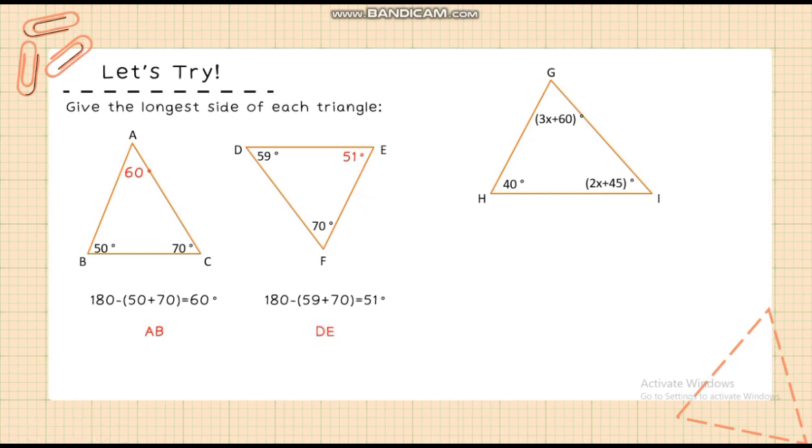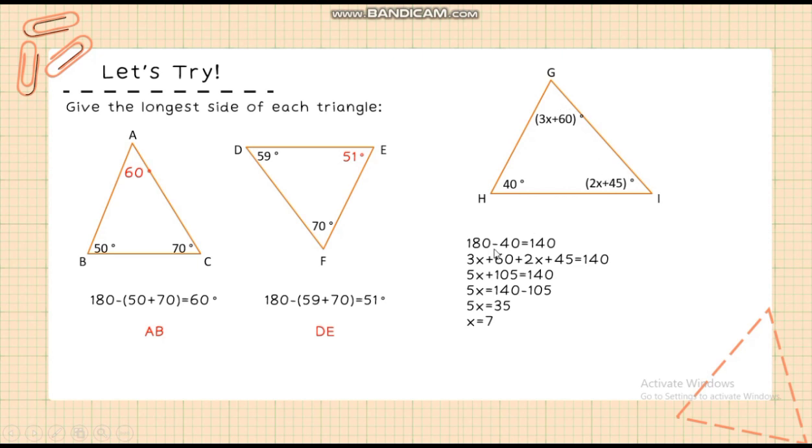Now let us have this last triangle. In this triangle, we need first to identify the value of x, to identify the measurement of these two angles. But first, we are going to identify the difference between 180 degrees and 40 degrees. So it's 140. So 140 degrees is the sum of these two angles. So we're going to add these two values.